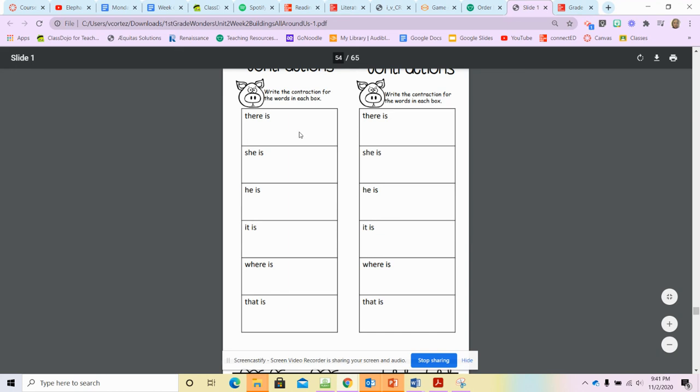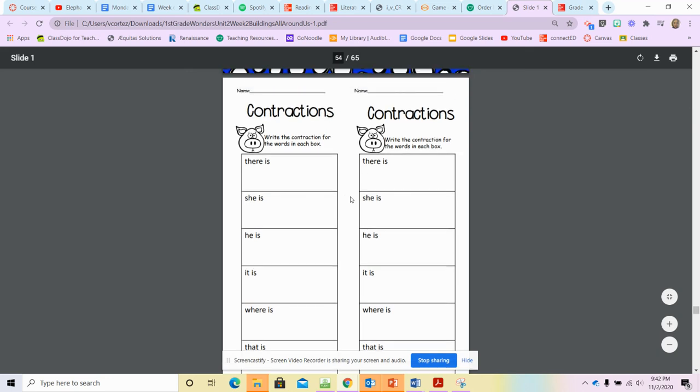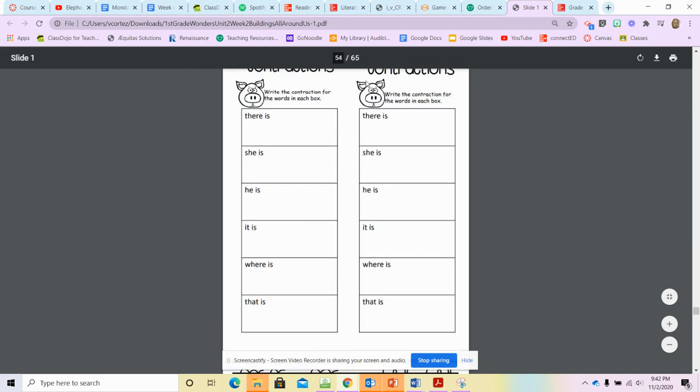So you're going to write the contraction right here in this space. She is. He is. It is. Where is. And that is. So you're going to write the contraction for all of these. Remember, you're only doing one side because they're the same. And that's it.